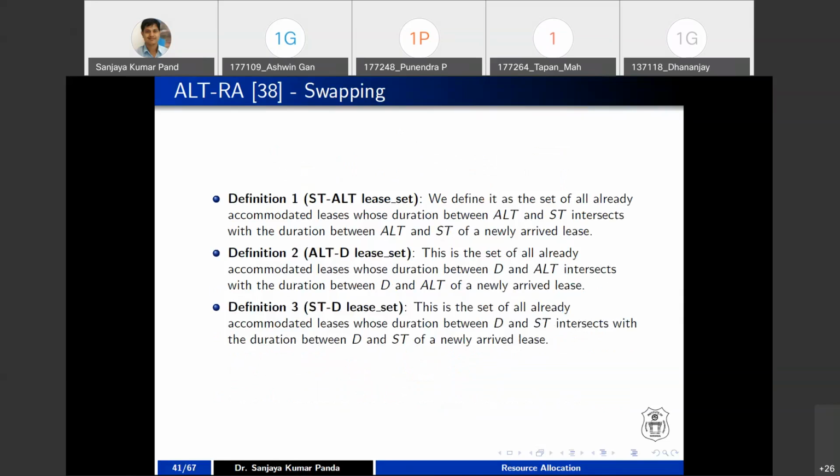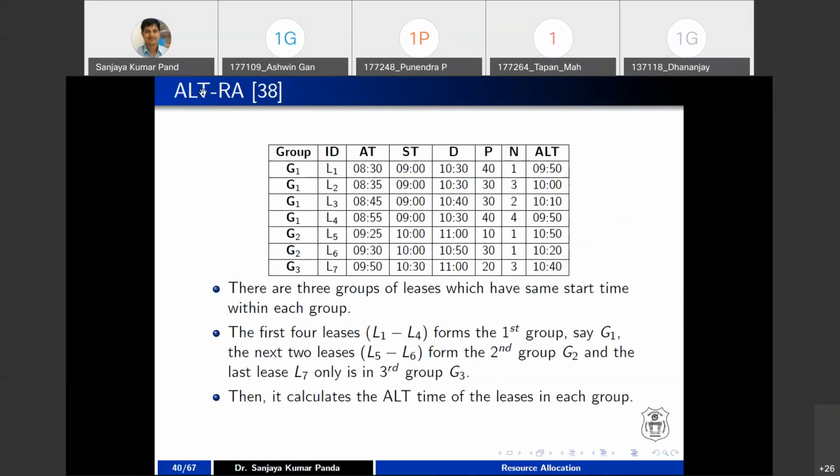So there are three dimensions here. If you see a particular lease, see L1. So L1, L2, L4 is forming group 1, right? So we are decomposing their time into three different sets. One we call start time to alert time.